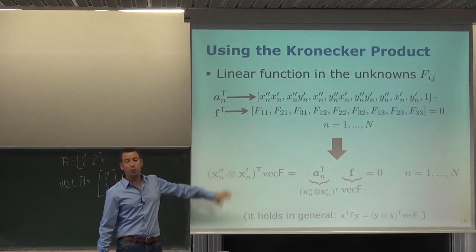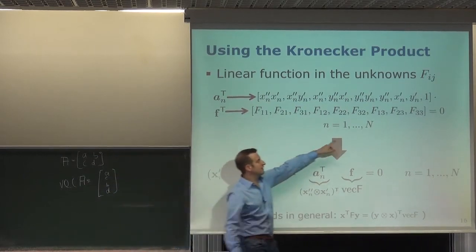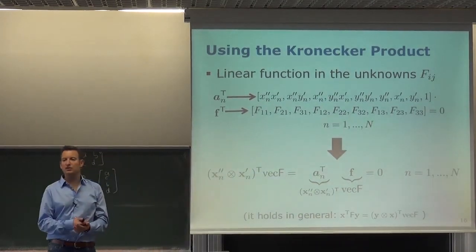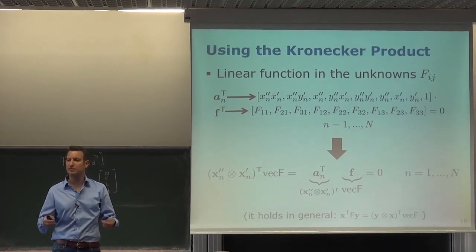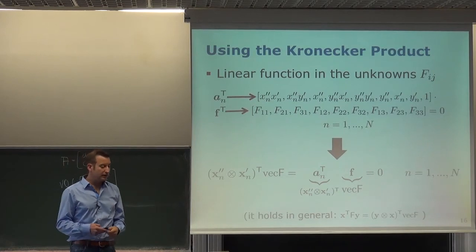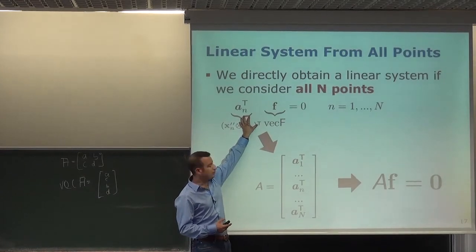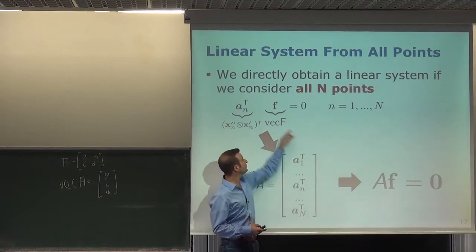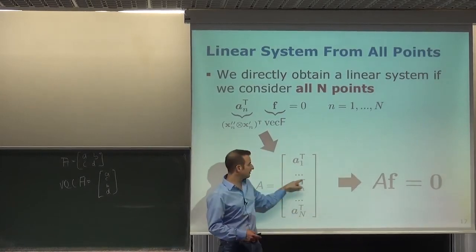This was done for one point, for one n. I have, however, capital N of those corresponding points. So I can actually repeat this process for every pair of corresponding points. So for the first pair, for the second pair, third pair, and so on and so forth. And if I get this, I can simply say, okay, from this expression for one corresponding point, I build a matrix A, which takes these individual vectors a_n here as their individual rows.